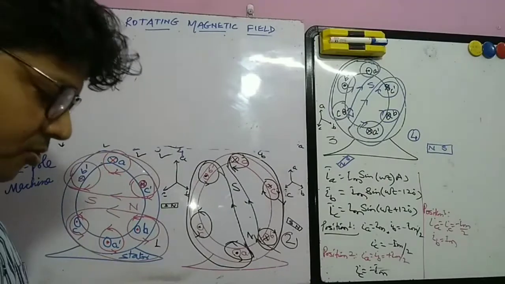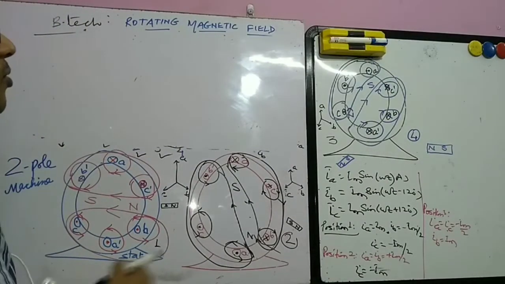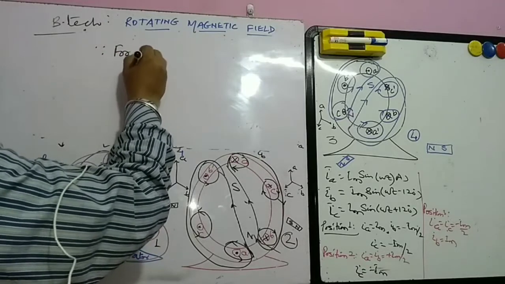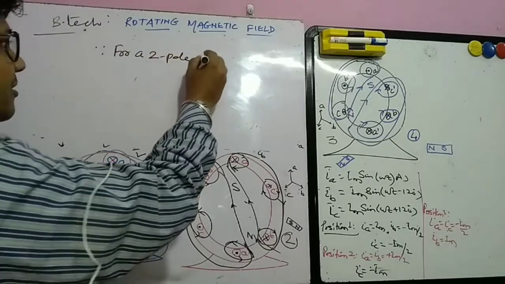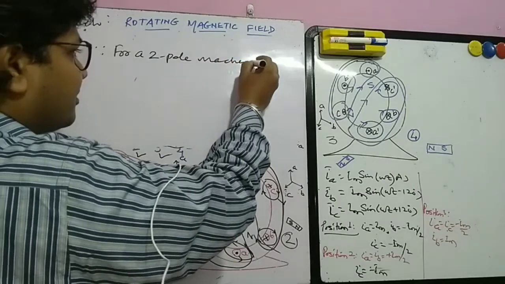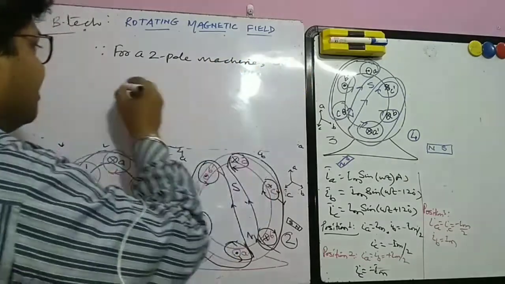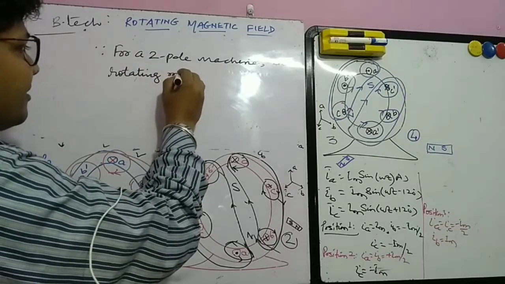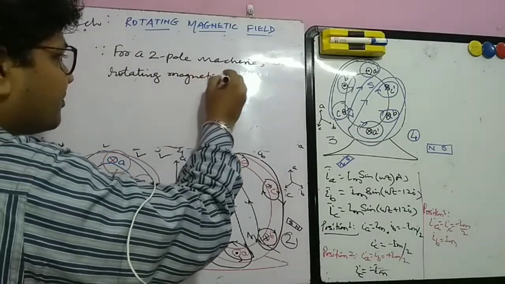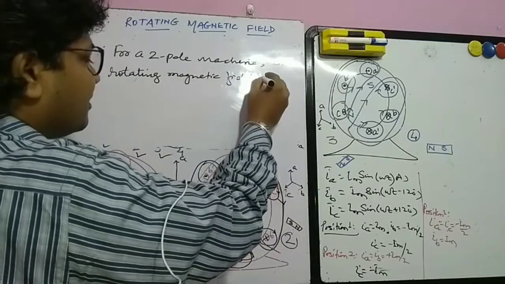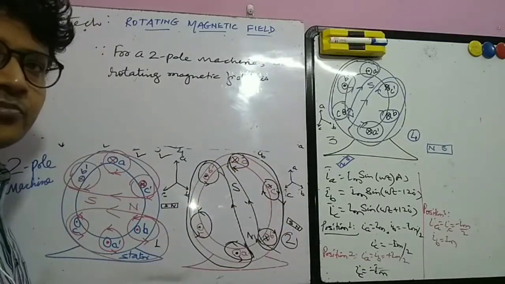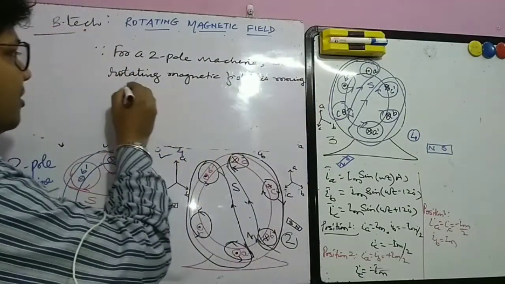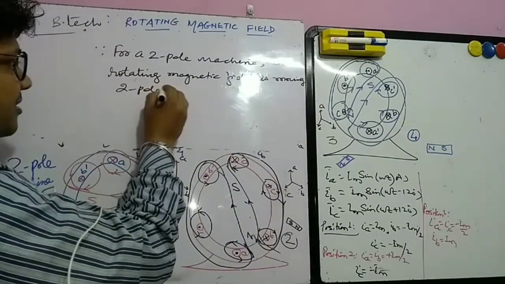We can conclude here that for a two pole machine the rotating magnetic field moves two pole pitch.